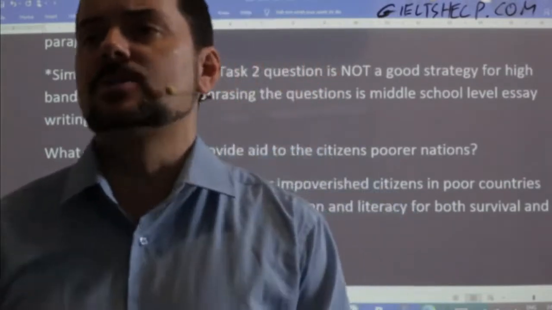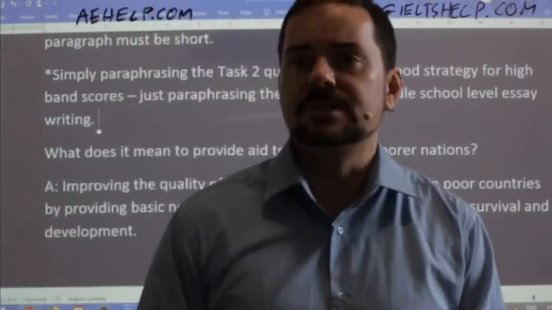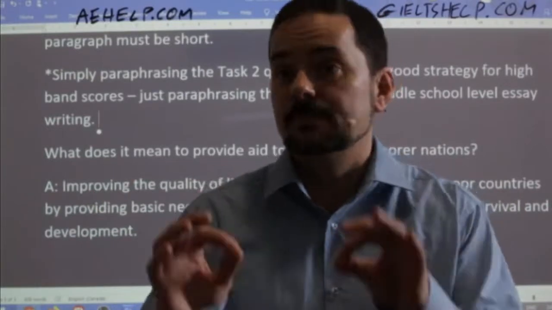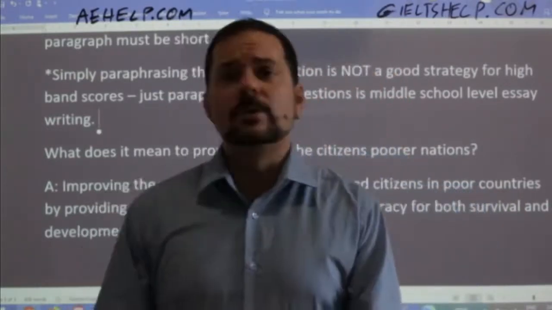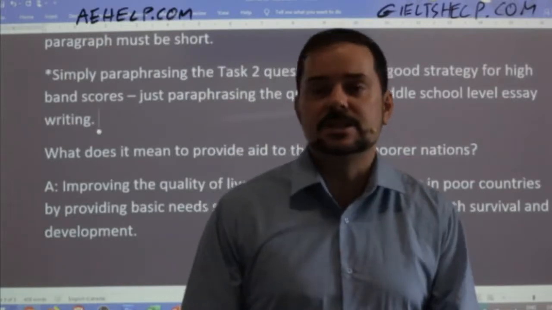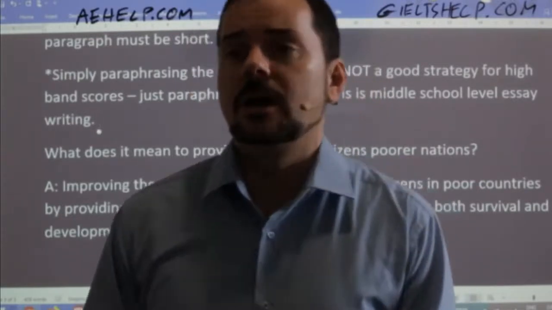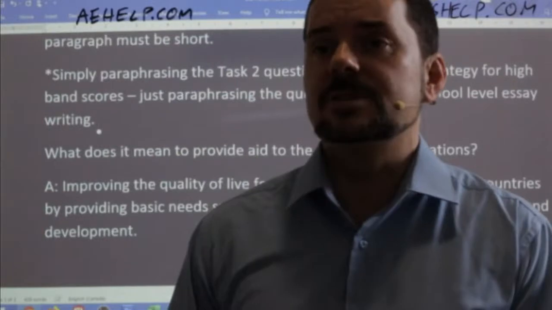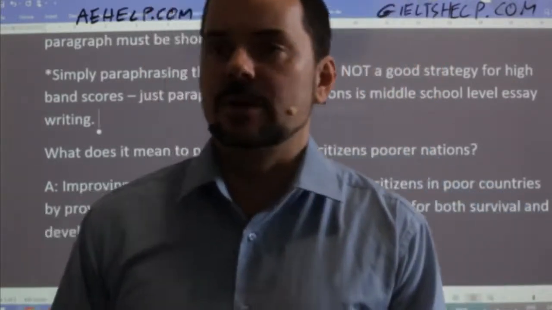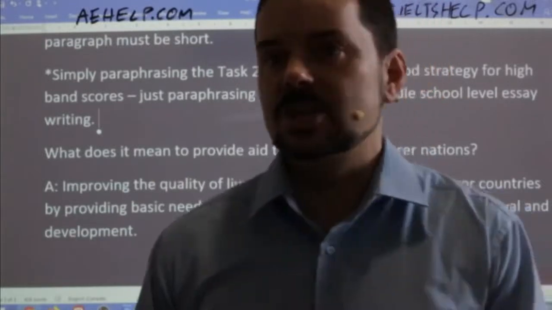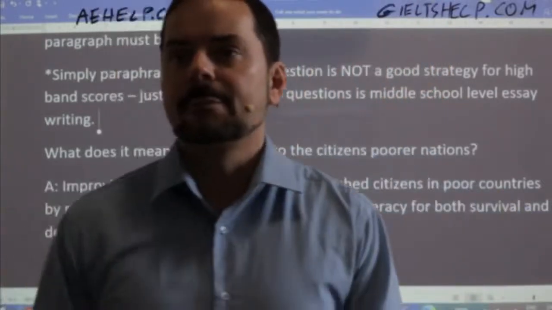All right, Kyber says, why is it important to help impoverished citizens of poor countries? Very good, Kyber. So simple to the point. That's the right question. Yeah, Rajveer, same thing. See, Rajveer is asking, why is assistance for impoverished citizens of poor nations required?